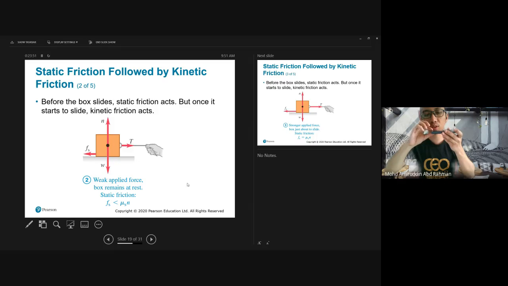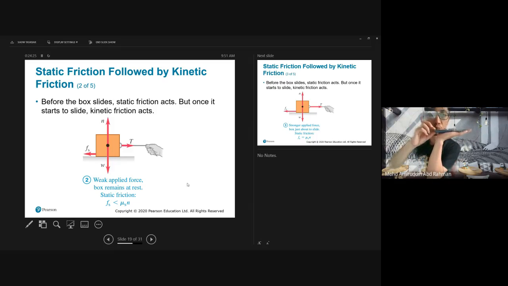You try to push, but there is friction between my hand and this calculator, so it won't move unless you apply a bigger force. When you apply a very small force, it won't move. But if you apply a bigger force, of course it can move because the force has overcome the force of friction.